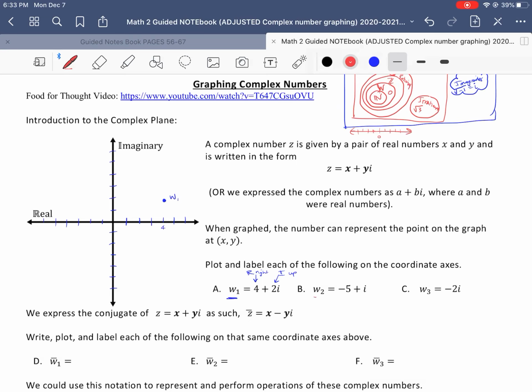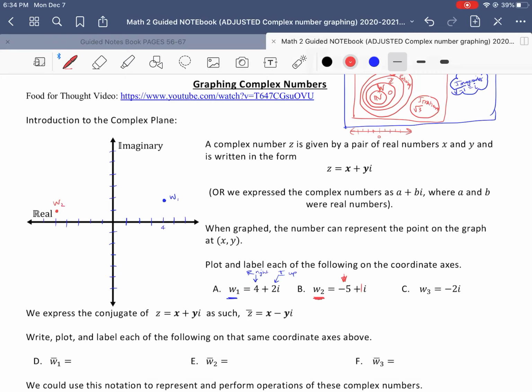Okay, we could do the same thing with w sub 2. We could plot this on here, so w sub 2 is -5 plus i, so that means -5 is left 5 on the real axis. So -1, 2, 3, 4, 5, and we're going to go +1, right? Because that's like a +1 coefficient in the imaginary axis direction.